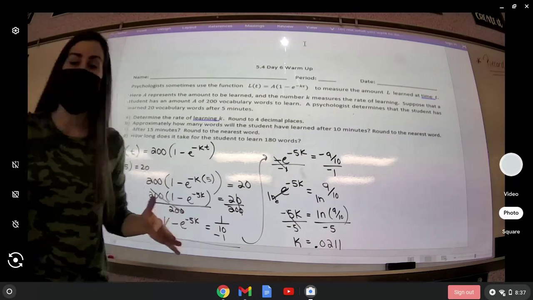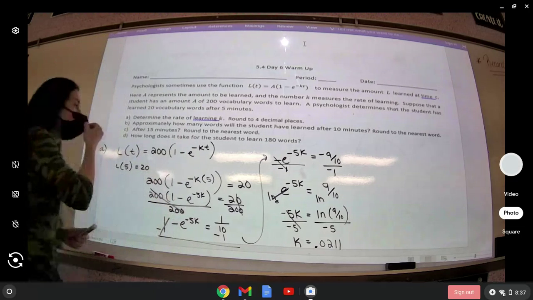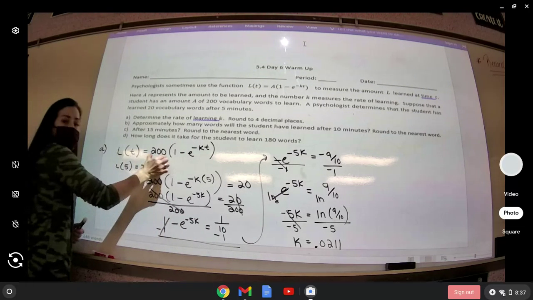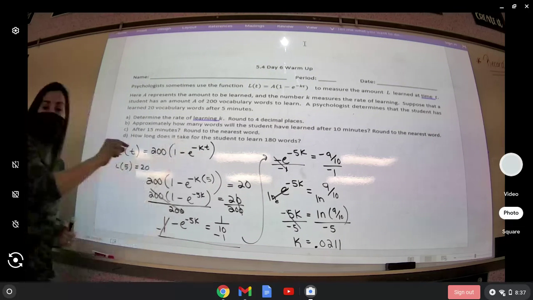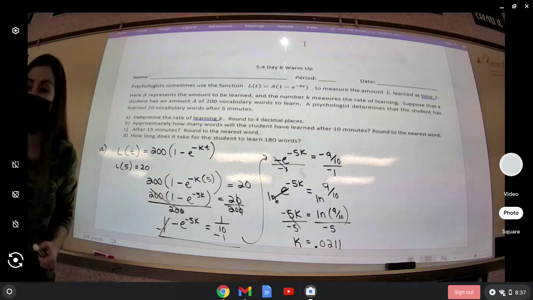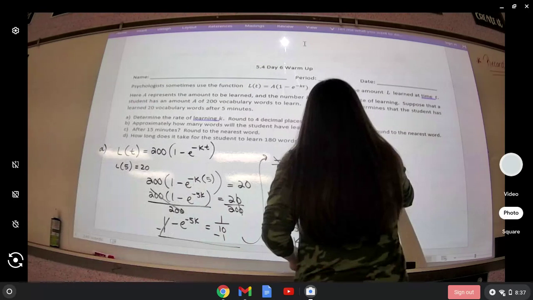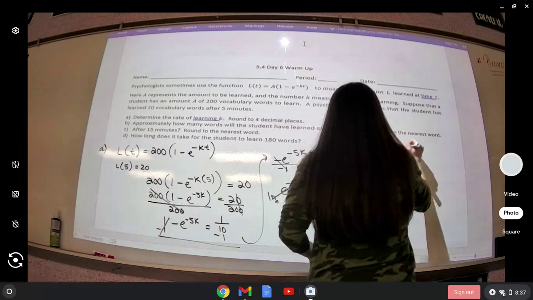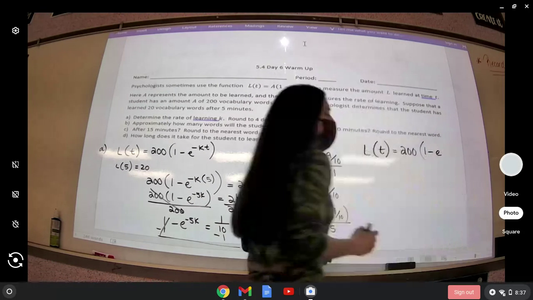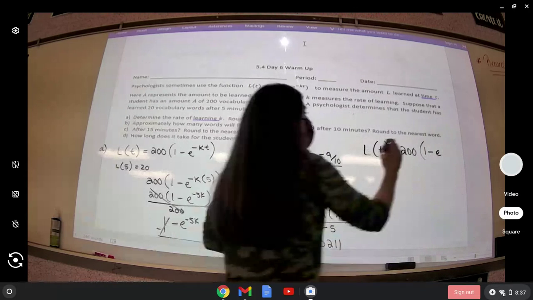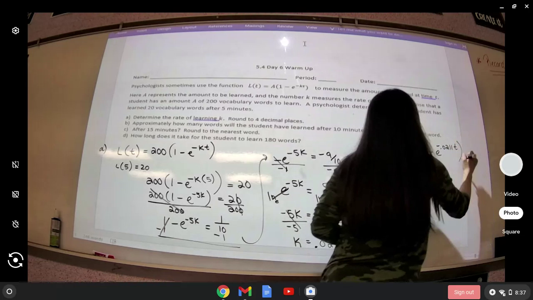All right, so we have finally found what this student's learning rate is. So now we already have 200 in for capital A. Now we can plug 0.0211 in for k. And now we'll have a usable, workable formula. All right, so now we have L of t will equal 200 times 1 minus e to the negative 0.0211t.